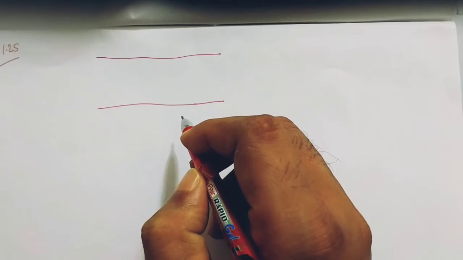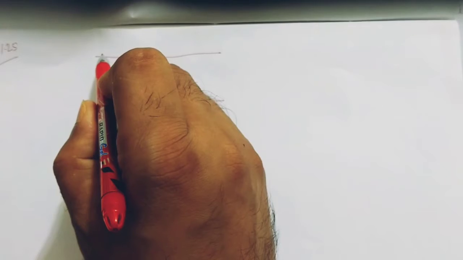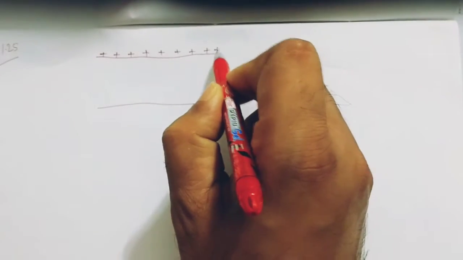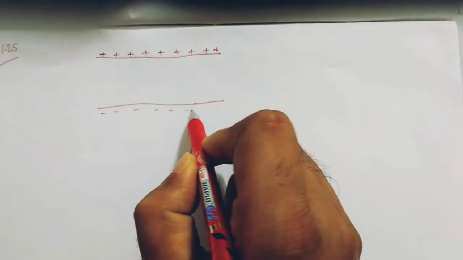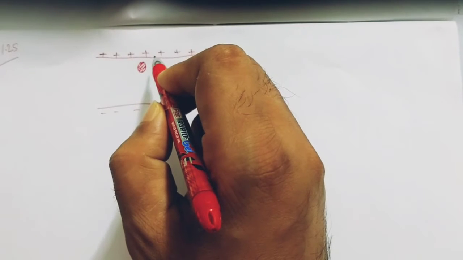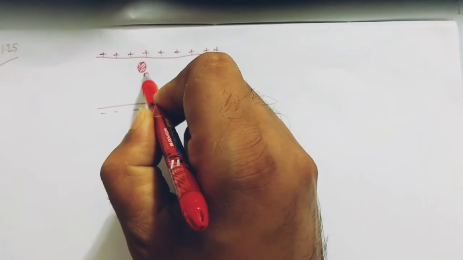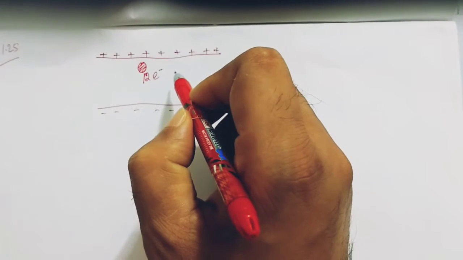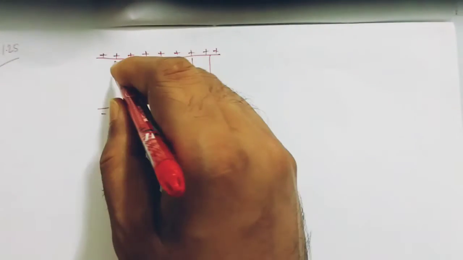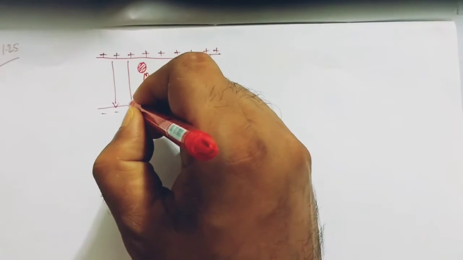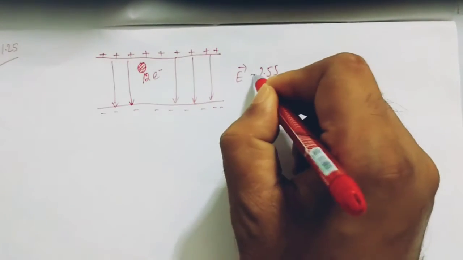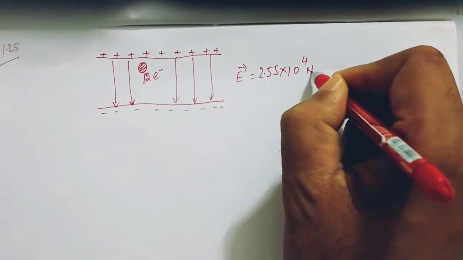Suppose this is an electrical field, and here you see it is a positive plate, or you can think of it as a very thin sheet, and one oil drop is there, hanging, which has 12 electrons, minus charge, electron has minus charge, and the electrical field is given as 2.55 into 10 to the power 4 Newton per coulomb, right?